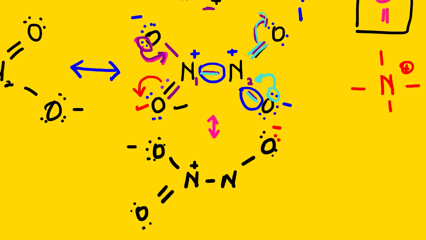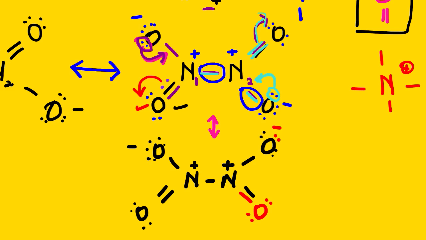At the same time, these electrons here will come here, meaning that we no longer have a single bond but a double bond. So in this case, we still have our nitrogens as positive.